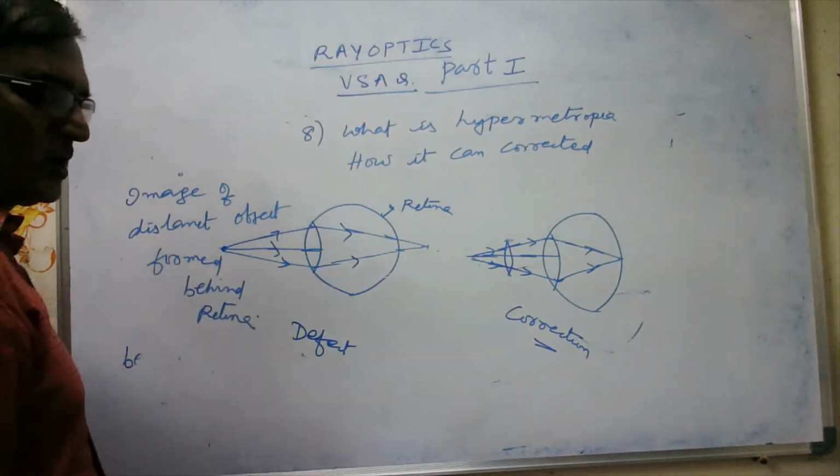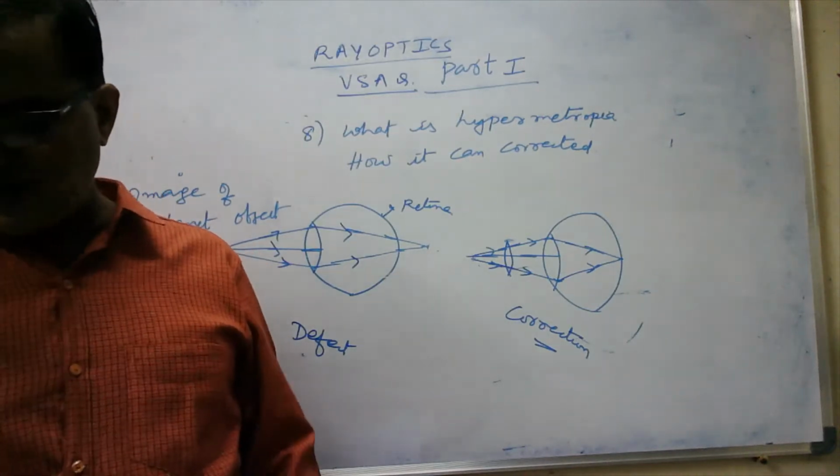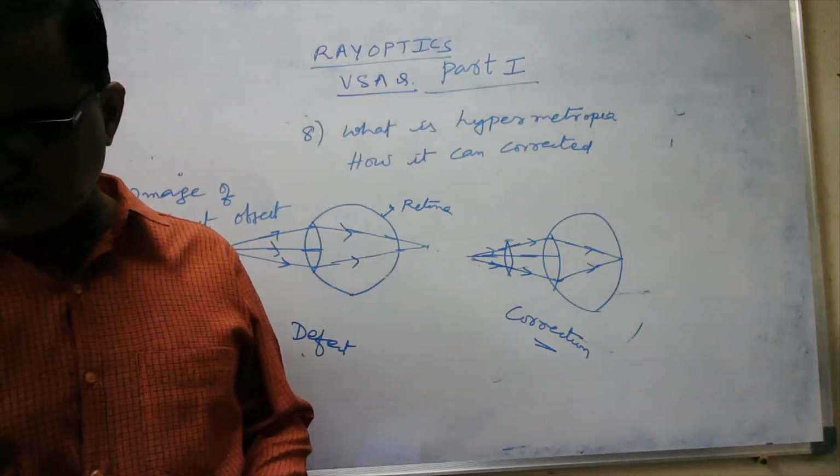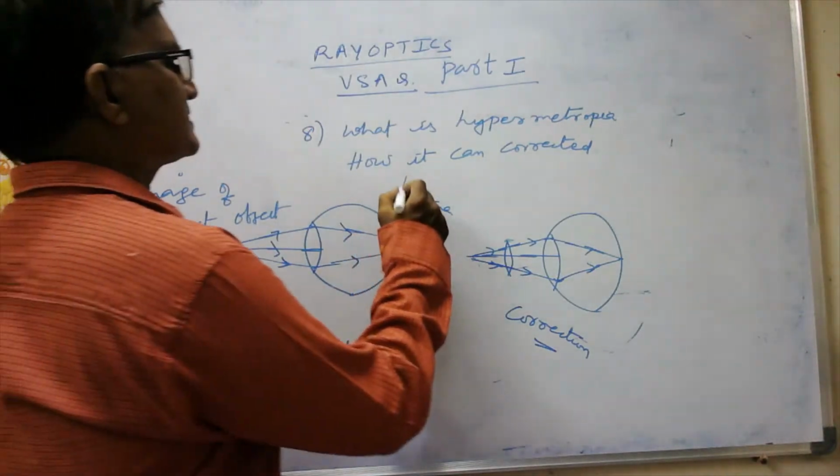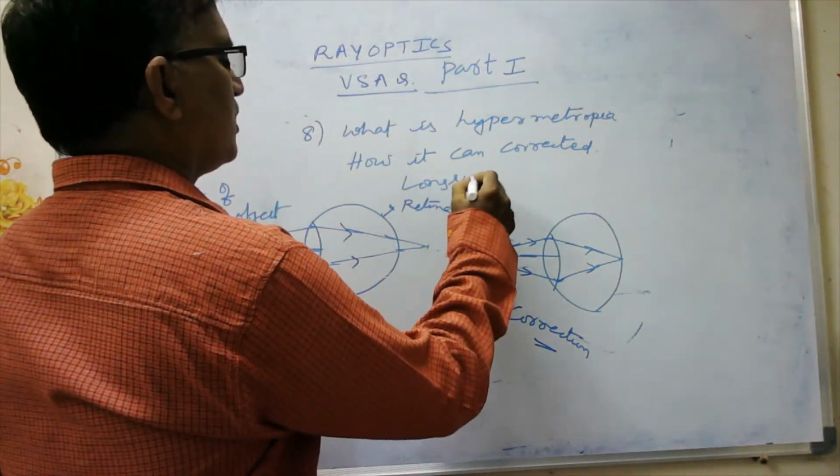Okay, in this defect, the image is formed behind the retina. It is also called long-sightedness. Long-sightedness.